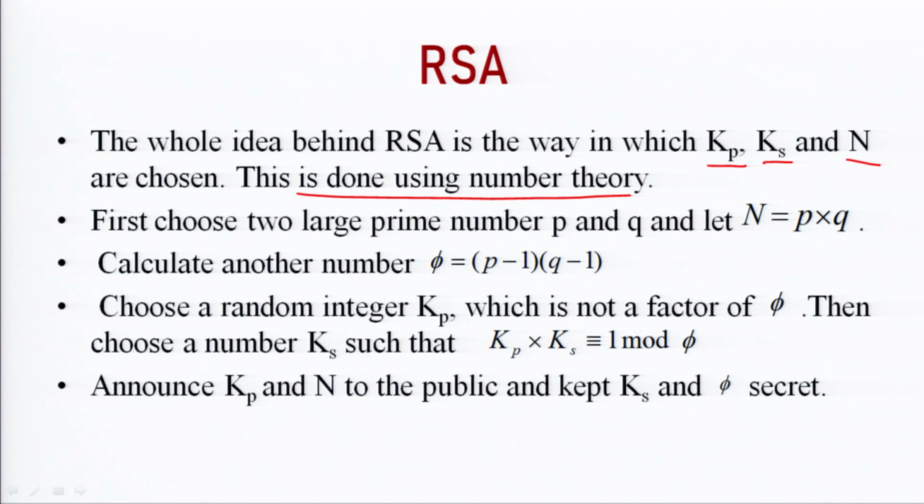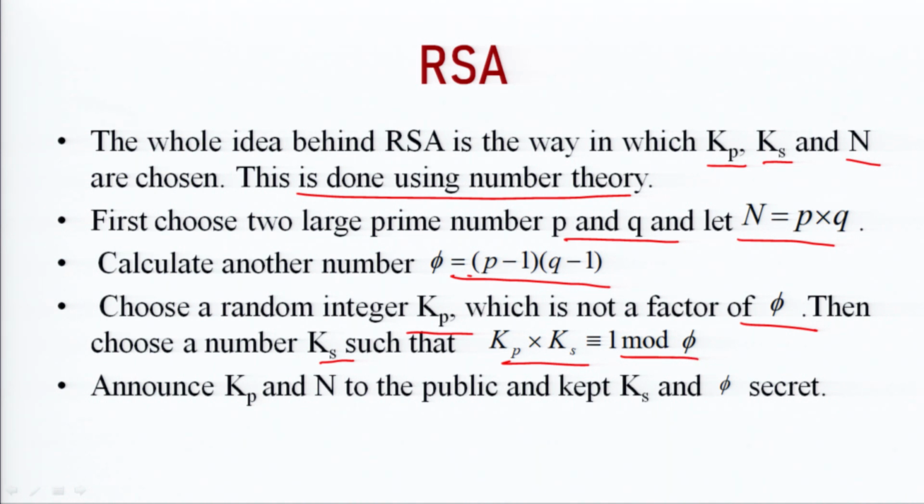First, choose two large prime numbers p and q, and then compute n is equal to p into q. Then calculate another number phi is equal to p minus 1 into q minus 1. In the third step, choose a random integer kp which is not a factor of phi, then choose a number ks such that kp into ks is congruent to 1 modulo phi.